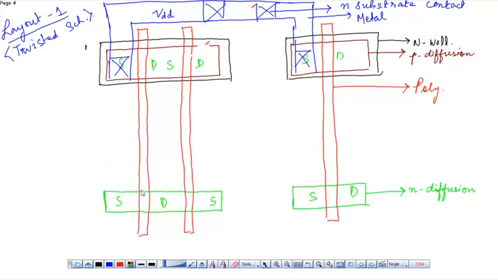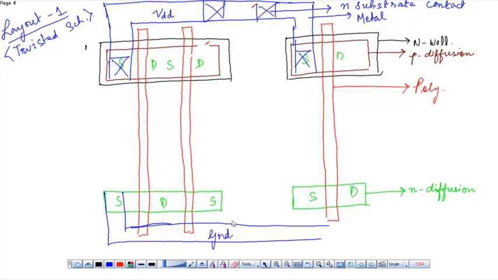Okay, now the two sources of the NMOS are connected to ground with the help of the metal layer.